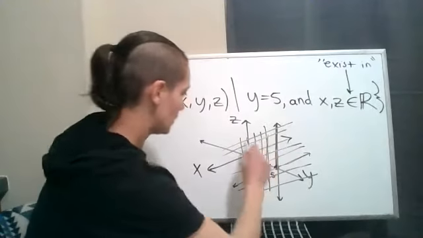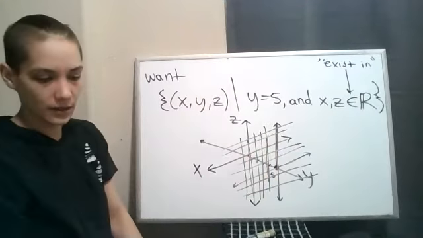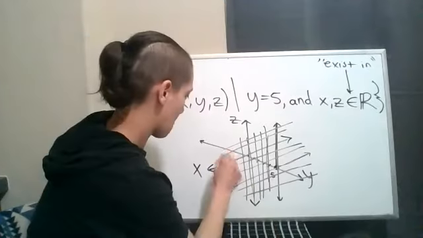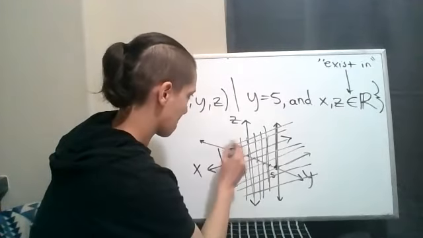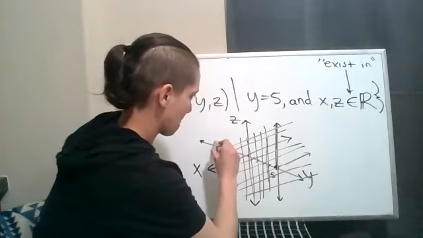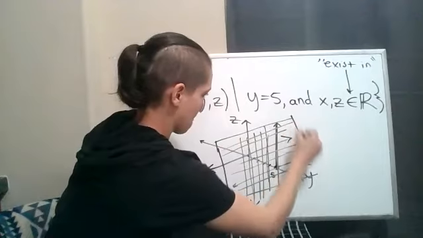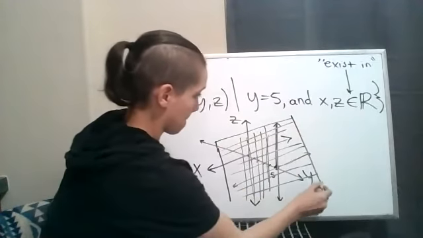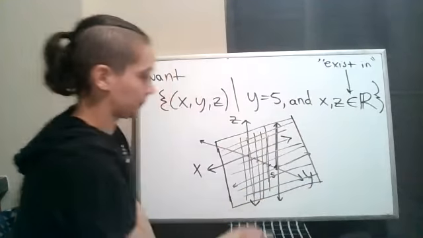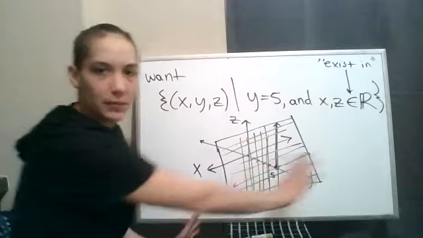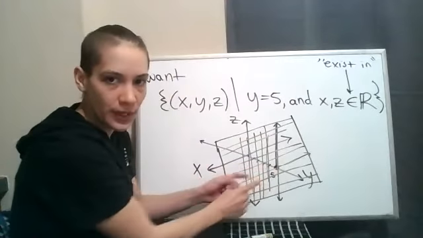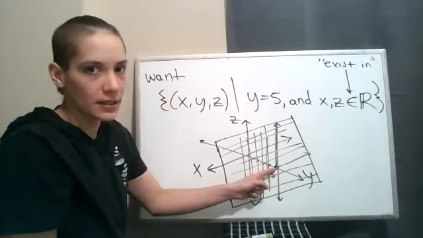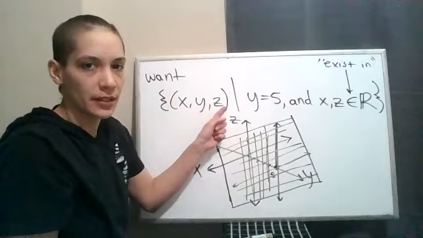Trying to sketch, it's kind of like a sheet of paper that's going through the point 0, 5, 0.